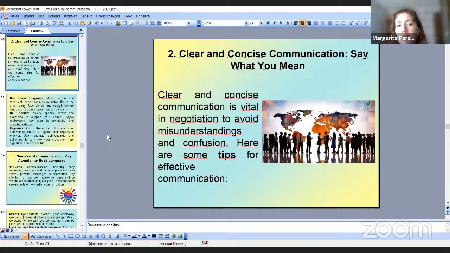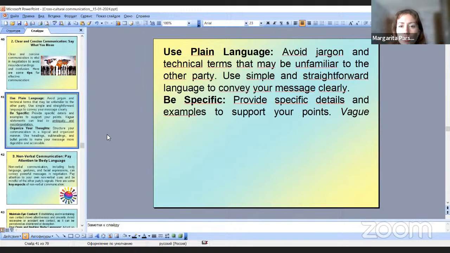The other strategy is clear and concise communication. Concise, so you can say what you mean. You just try to gather words to say what you mean. This is vital in every communication to avoid misunderstandings and confusion. What can be additional tips to be concise in communication?